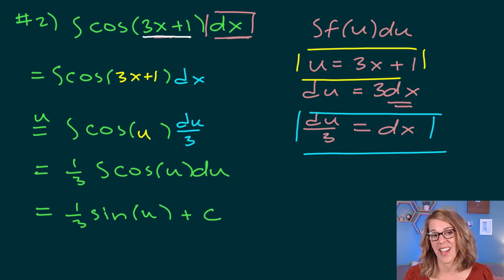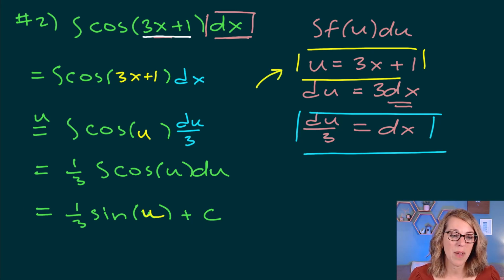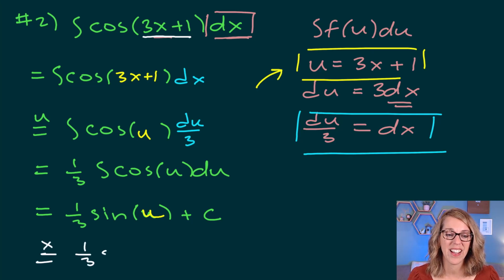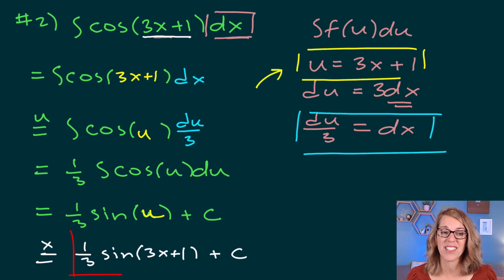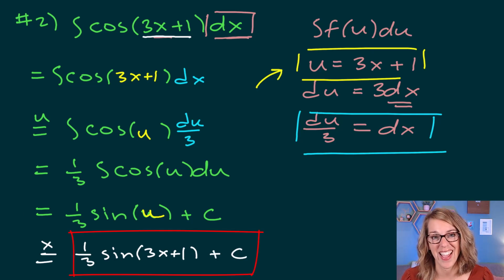My last step is to replace everything back in terms of x. So specifically, I need to replace this u with 3x plus 1. So as I go back in terms of x, I get my 1/3, I have the sine, and I'm going to replace u with 3x plus 1, and then I remember to put the plus c on the end.